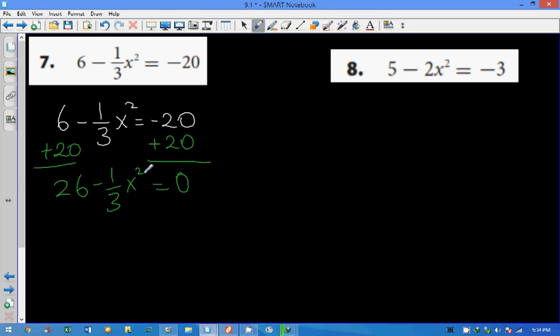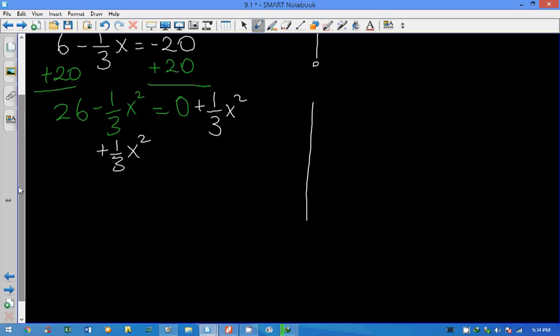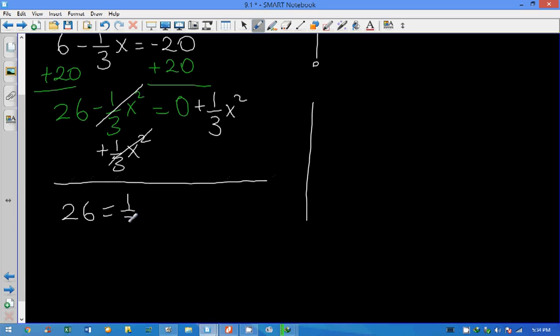So let's add 1 over 3 x squared on both sides. Then it's going to be 26, and 1 over 3 x squared cancel each other out, and 1 over 3 x squared equals 26.